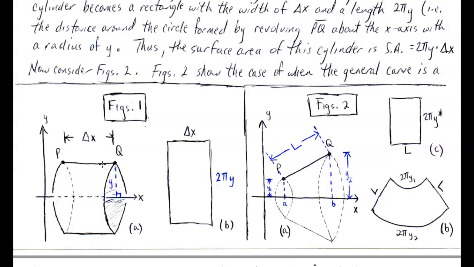Now, if we were going to look at something slightly more complicated, we would look at figure 2 here. What figure 2 is doing is saying, instead of taking a horizontal line segment and rotating it about the x-axis, now we're going to take a line segment that has some slope.